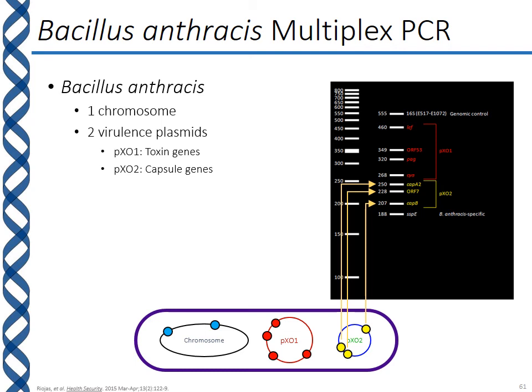And so you end up with this nice 9 amplicon distribution of the different products. And so you're able to tell whether it has pXO1, whether it has pXO2, and whether it is Bacillus anthracis.